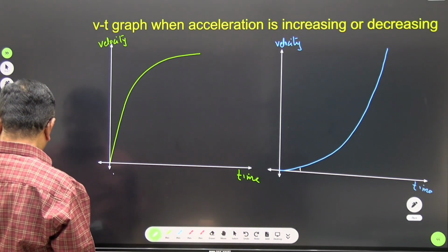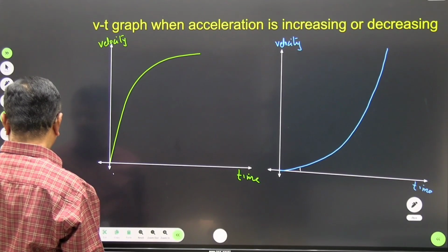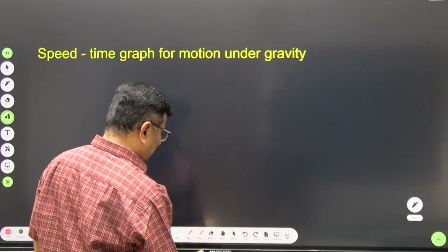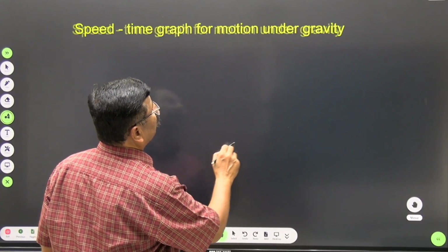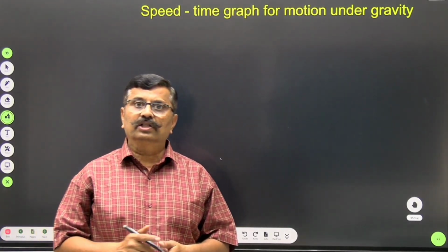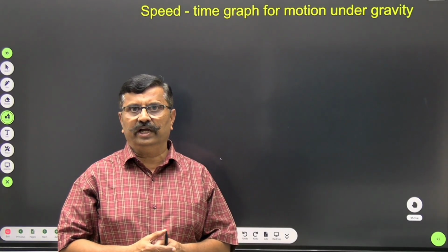Now let us see the velocity time graph when the body is under gravity. What do you mean by body is under gravity? The body is either thrown in the upward direction or the body is released from certain height.